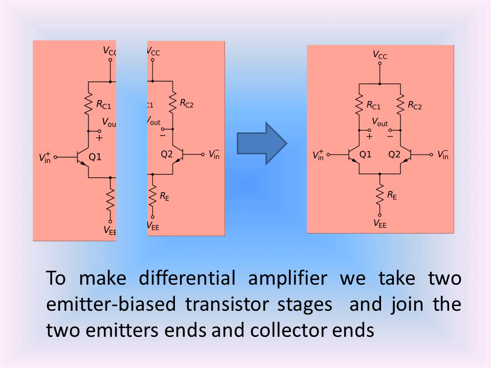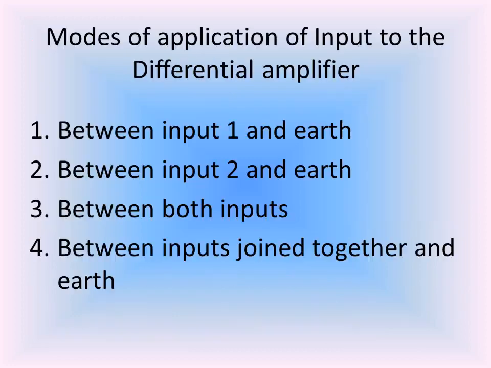To make a differential amplifier, we take two emitter biased transistor stages and join the two emitter ends and both the collector ends. We finally get a differential amplifier. The output will be the difference of the two if the output is taken across both the collector ends.